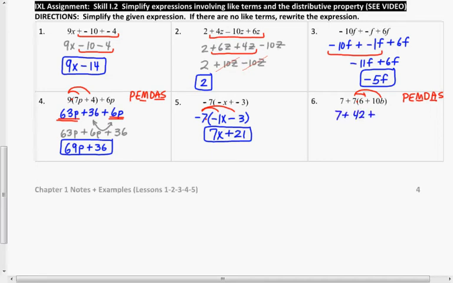And 7 times 10b would be 70b. And that 7 that was in front, I just wrote it, even though I didn't do anything with it yet. Rewrite the entire expression so that it's still equal to the line above it. And then we can see these two terms are like terms. So we have 49 plus 70b, or 70b plus 49.